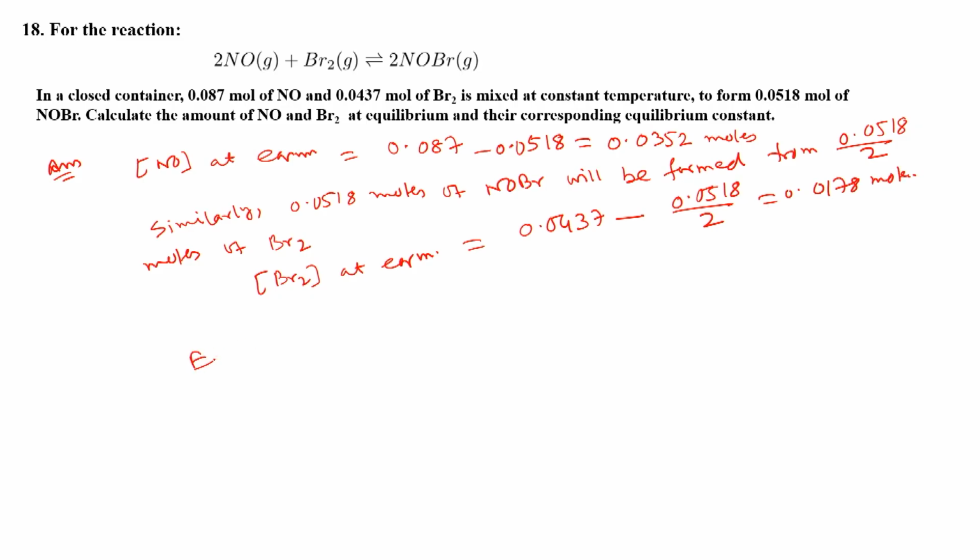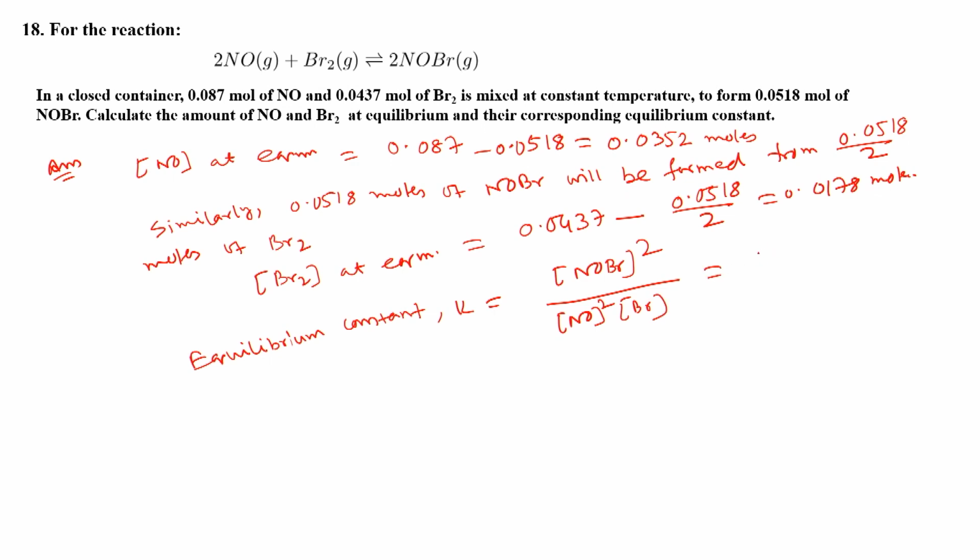So, equilibrium constant K is concentration of NOBr raised to the 2 by concentration of NO raised to the 2 times concentration of Br2.